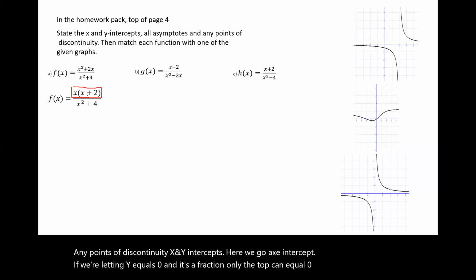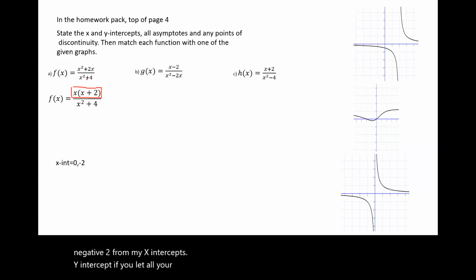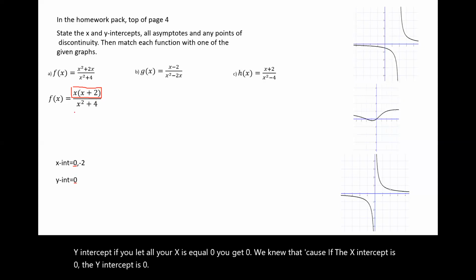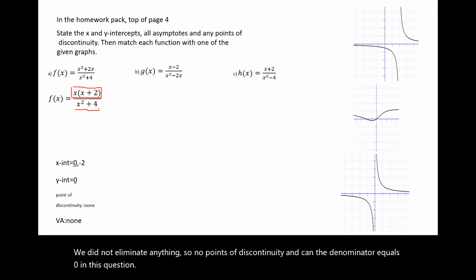So I'm getting 0 and -2 for my x-intercepts. Y-intercept, if you let all your x's equal 0, you get 0. We knew that, because if the x-intercept is 0, the y-intercept is 0. We did not eliminate anything, so no points of discontinuity. And can the denominator equal 0 in this question? I've got a no for that one.